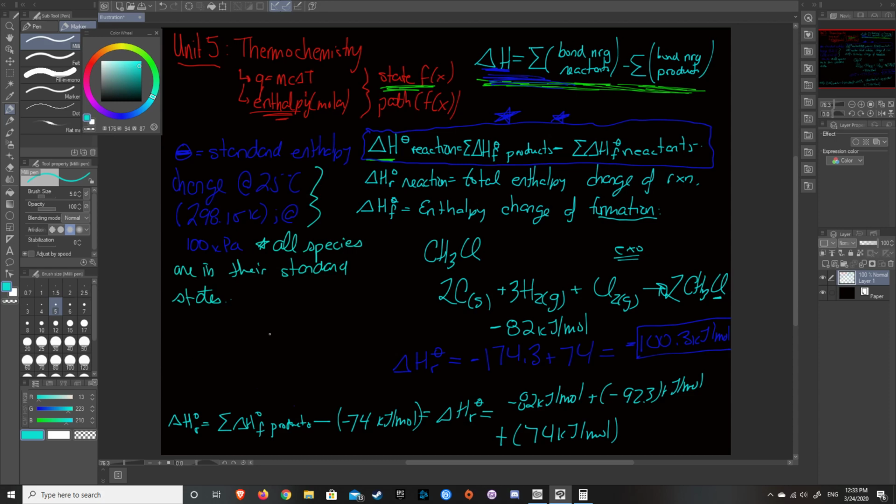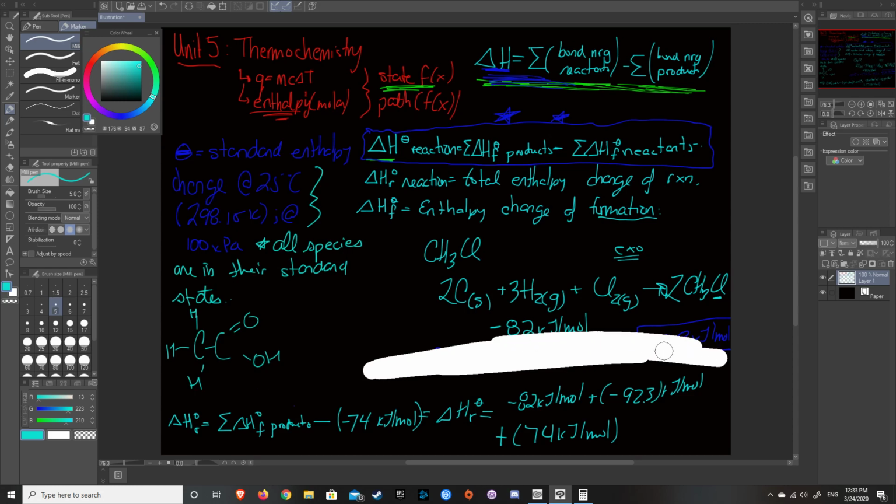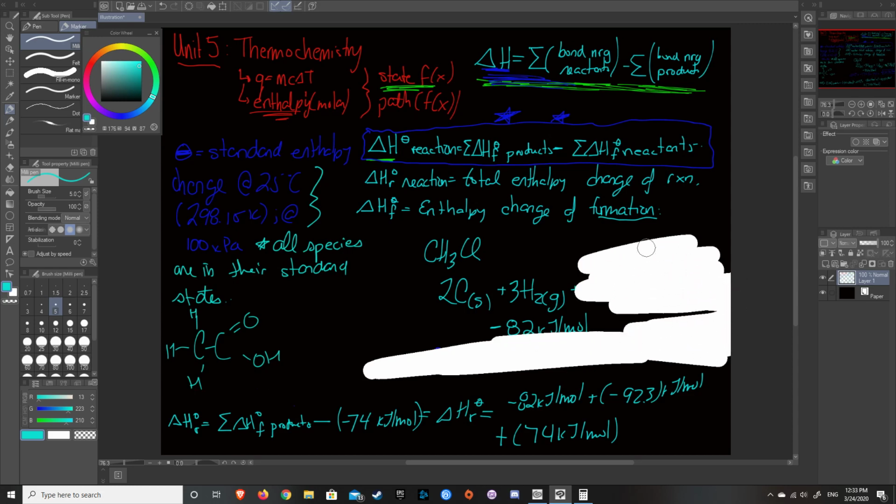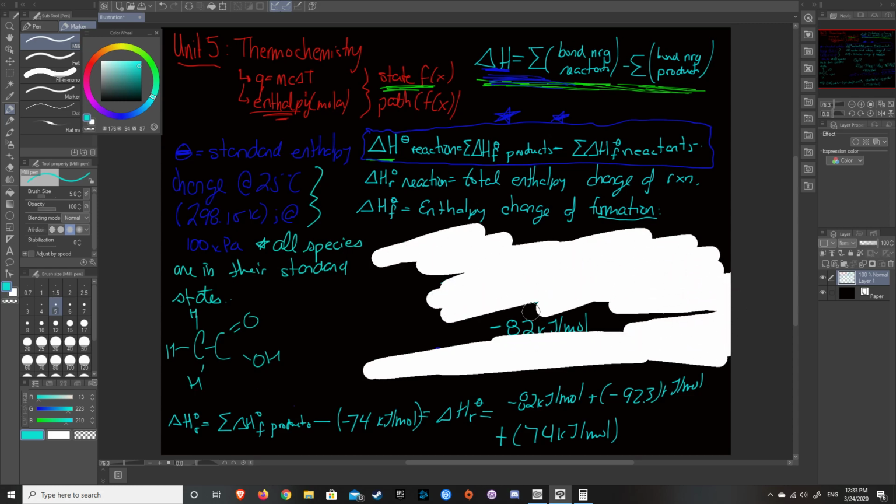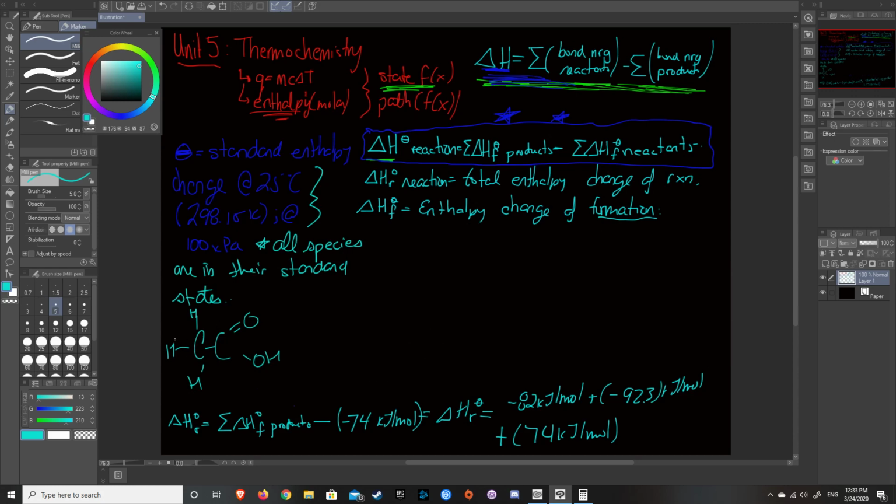So right, if we were looking at a molecule, let's just say ethanoic acid. If we were looking at this molecule right here, to calculate the standard enthalpy of formation, let me just erase this example off the screen. All you have to do is you take all of the elements that compose it.